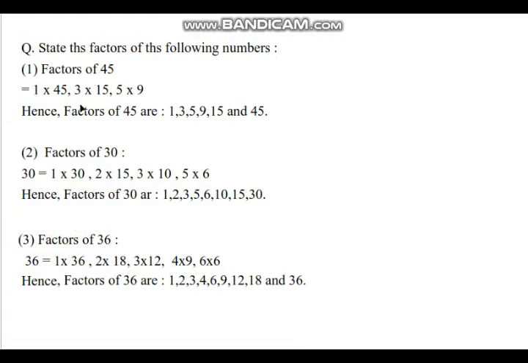Here 45 is given. Now we have to find out the numbers which divide this 45 exactly. Means we have to find out the exact divisors of that number 45. So here 1 into 45, 45 ones are 45, then 3 into 15, 15 3s are 45, 5 9s are 45.